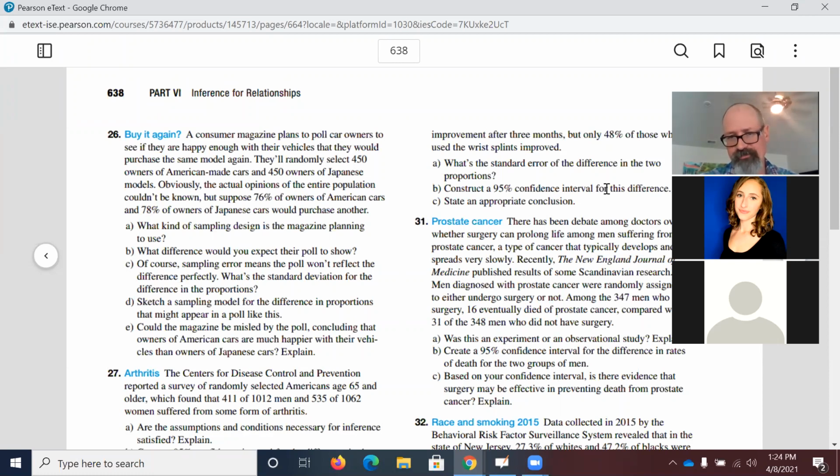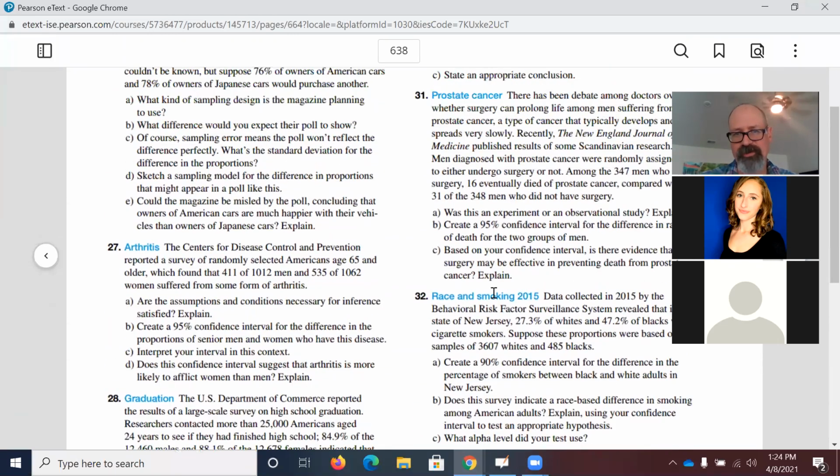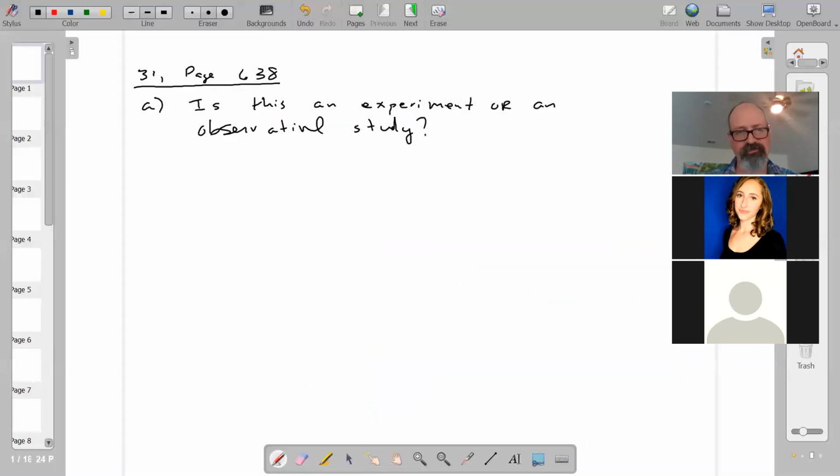Of the 347 men who, you have the various features of the experiment, which I guess are described here. But I would say that it's actually an experiment because you do have different treatment groups, and there appear to be two levels.